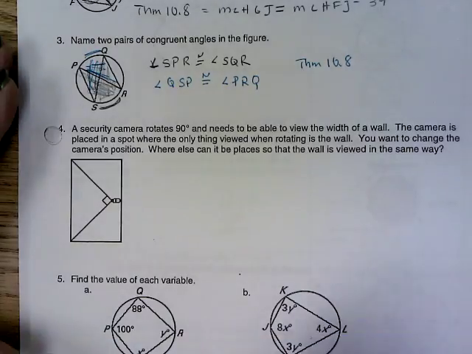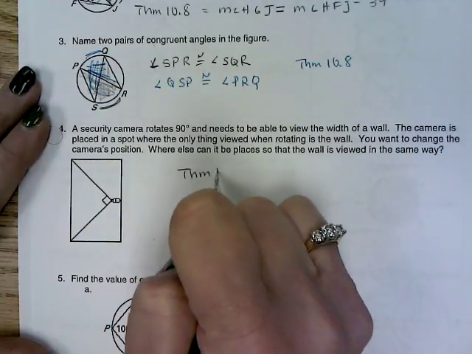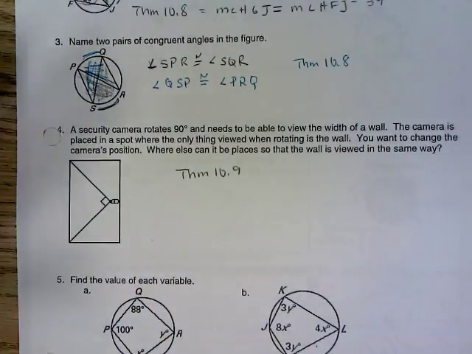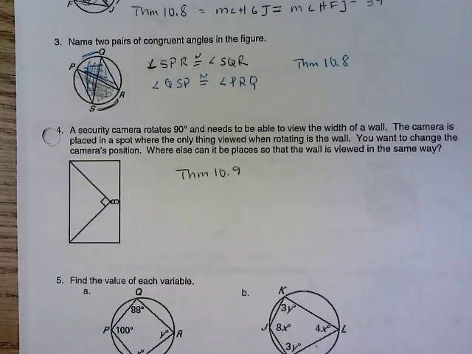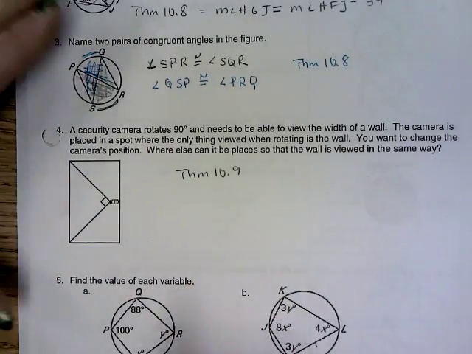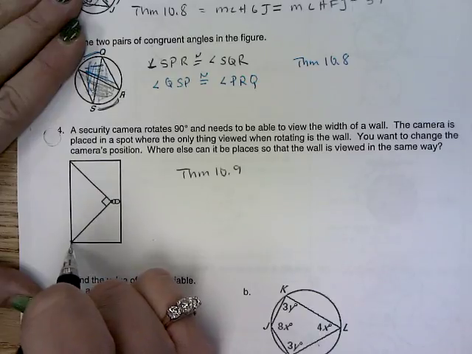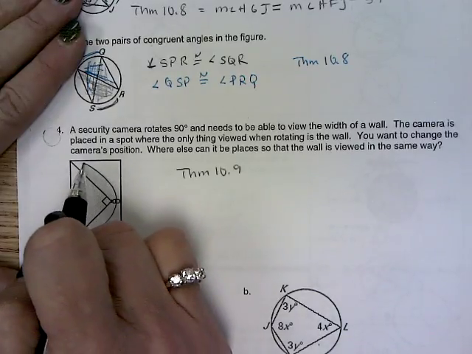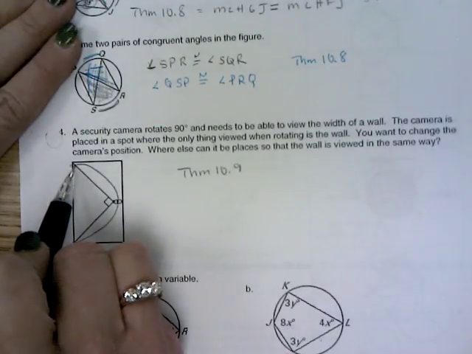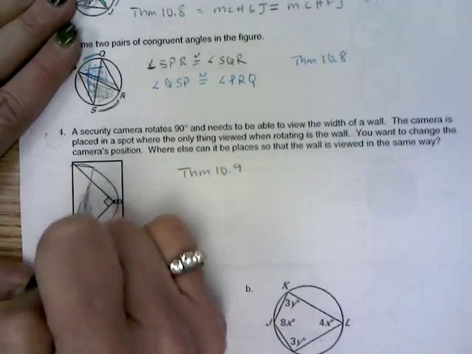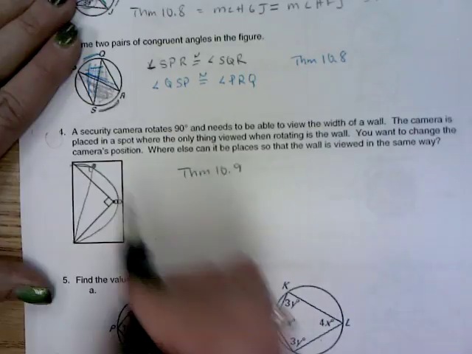If you think back to theorem 10.9, it tells us that as long as the wall or the side is the hypotenuse of a right triangle, then the whole side can be viewed. So if we look at the possibility of having a circle, then anywhere on this circle that I can make a right triangle, that's the right angle, it can be a security camera.